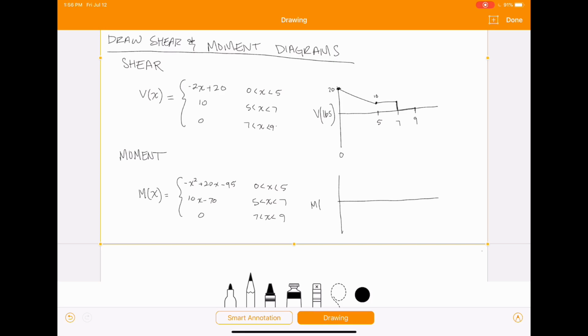Again, just reminding ourselves we're working in pound feet for a moment. So for this first equation, if we were to plug 0 into that equation, we're going to get negative 95 as our y-intercept.